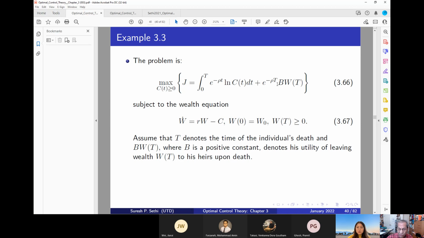The idea then is to consume the wealth all the way to 0. Leave 0 wealth. But of course, the consumption cannot be more than that, because if you consume more, then wealth will become negative, and you are not only becoming bankrupt, but you are owing to the society before you die, and that's not allowed.